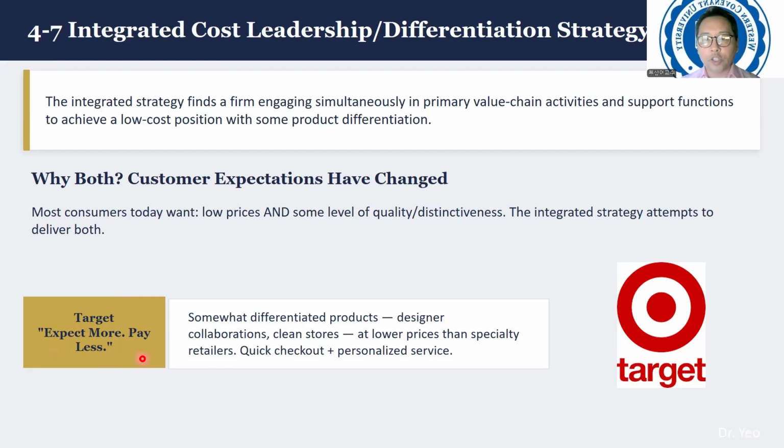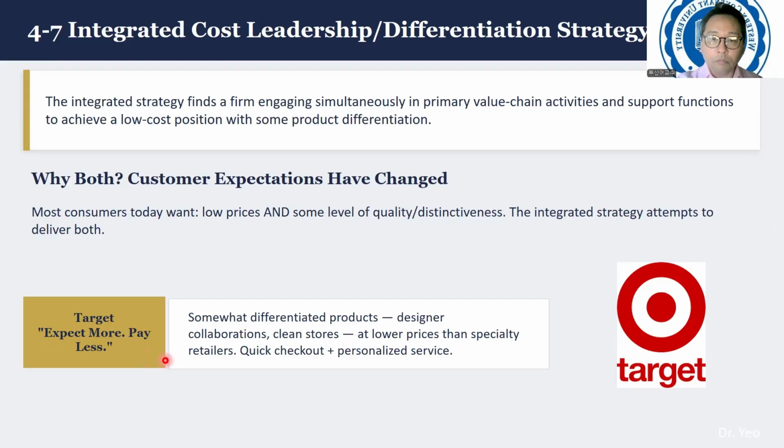They do collaborations with designers, their stores are cleaner and more attractively laid out than Walmart's, and they provide a better customer service experience. But they are not Nordstrom, a luxury department store. Their prices are lower than specialty retailers. They exist in the productive middle ground. So that's why Target is a great example of an integrated strategy.